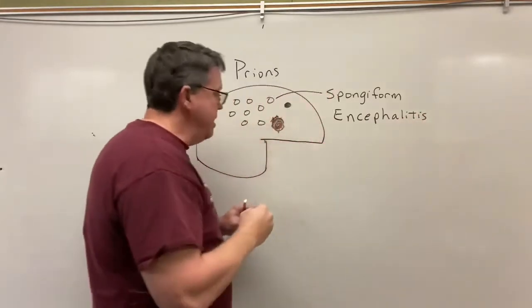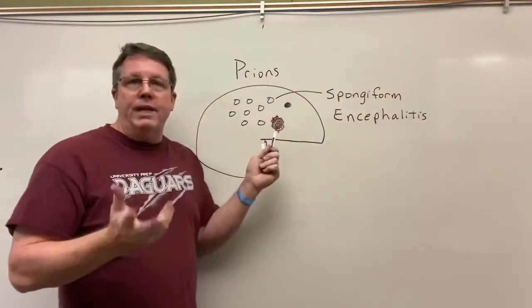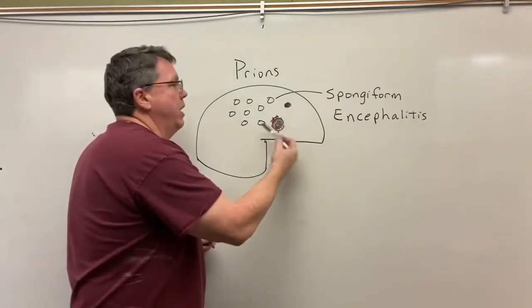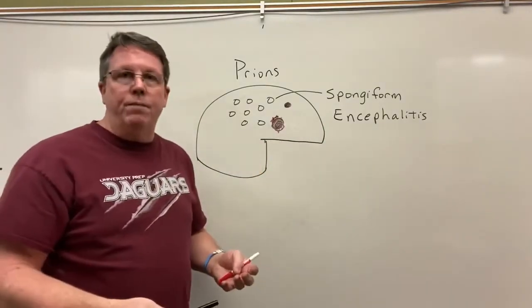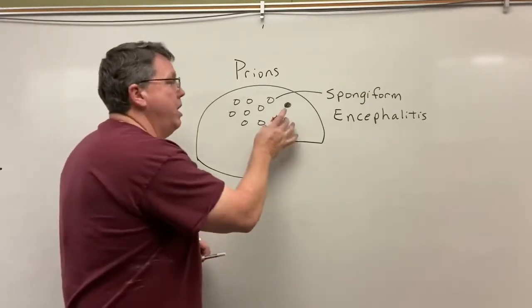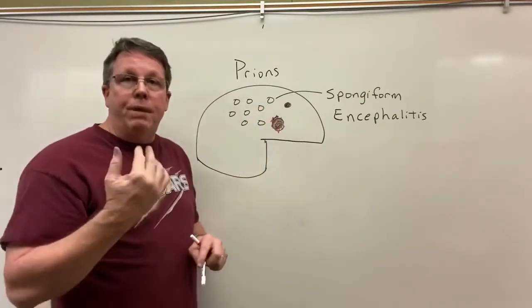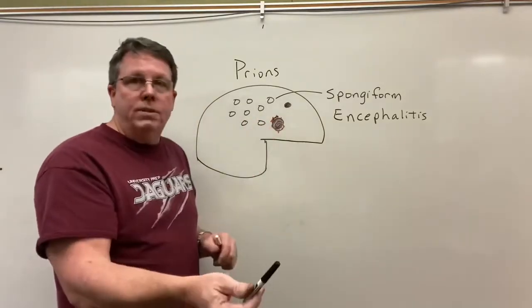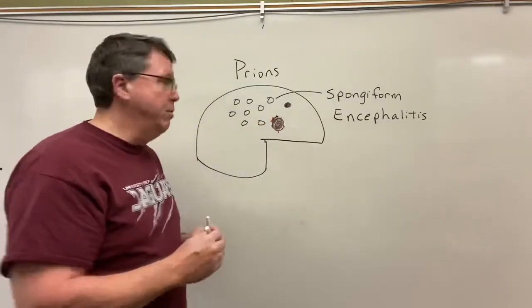Now, let's say that this was some type of animal like a cow instead of a human. And let's say that they grind the cow up and they go to serve it to people, and some of the prions get into the meat that people eat. Well, now it can go from the cow to a person. So it's transmissible.